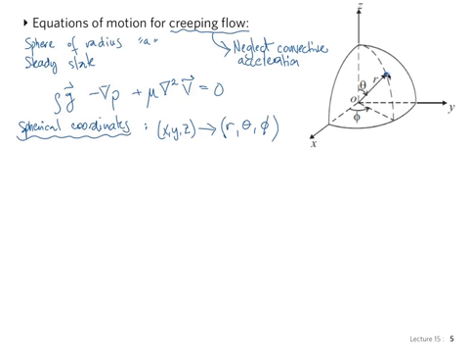So this point over here would have coordinates r, theta, measured with respect to the z axis, and phi down here on the xy plane. And we can make a change of variable, where x equals r sine theta cosine phi, y equals r sine theta sine phi, and z is equal to r cosine theta.